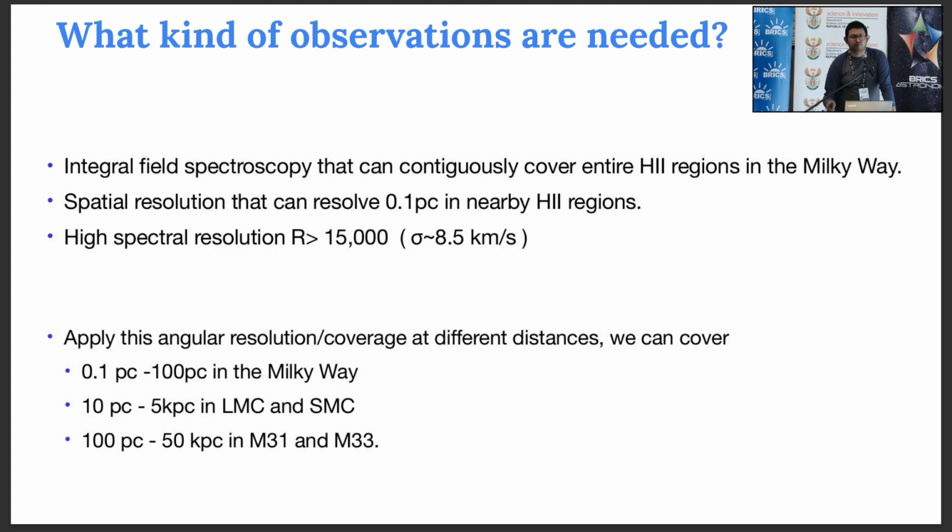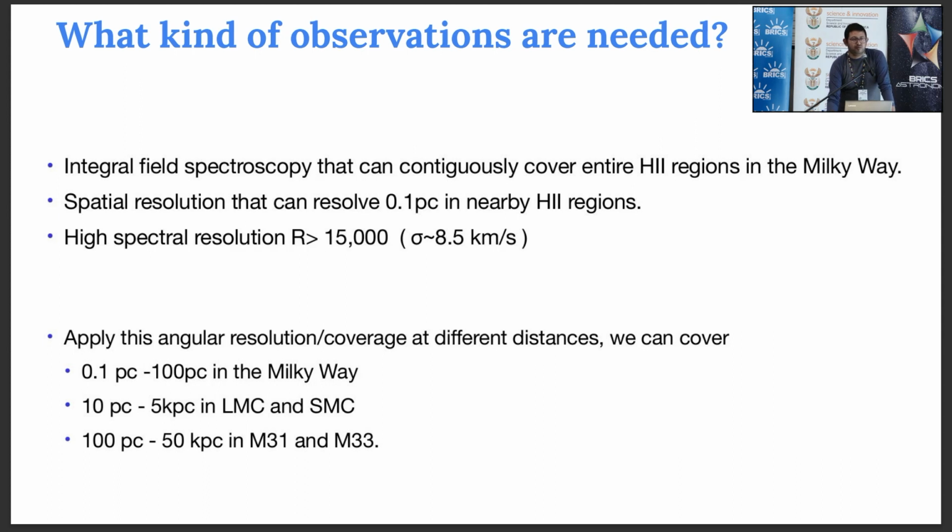On top of that, we need to contiguously map a region instead of the usual slit spectroscopy, where you put the object in your slit and take the spectra. Instead, we need a 2D understanding: taking the spectra, putting them in the BPT diagram and trying to understand the physics behind it.